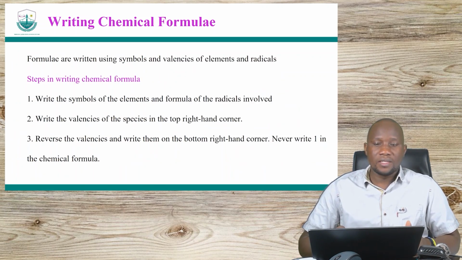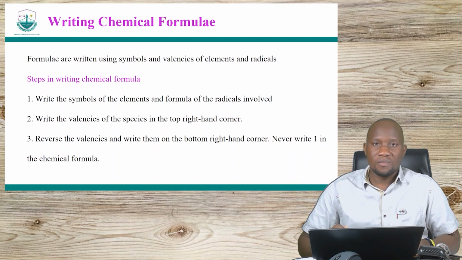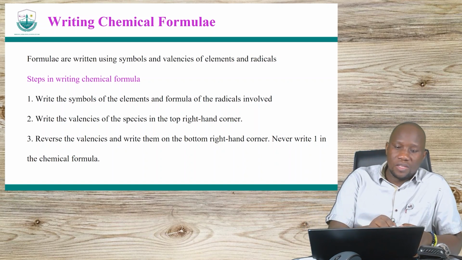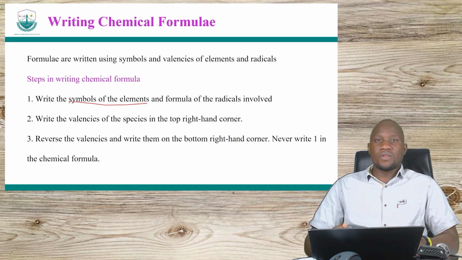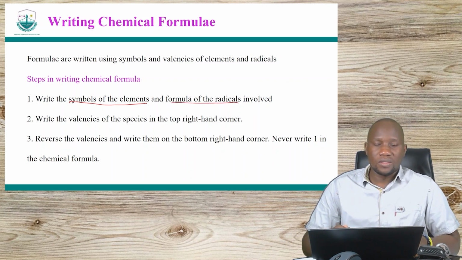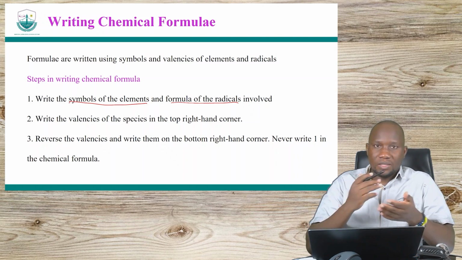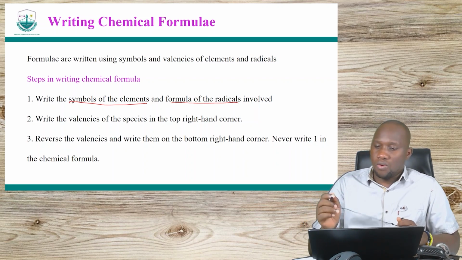So how do we write the chemical formulas for the different elements? The steps are simple. The first thing is you need to know the symbol of the elements that are in that compound, or at least the formula of the radicals that you find in that compound. And then you write the valence of each of these species in the compound on the top right hand corner.